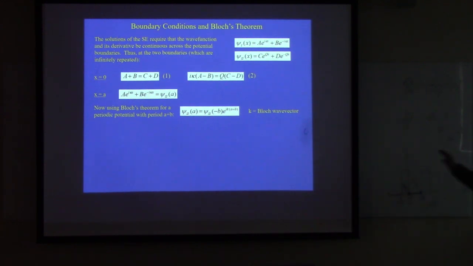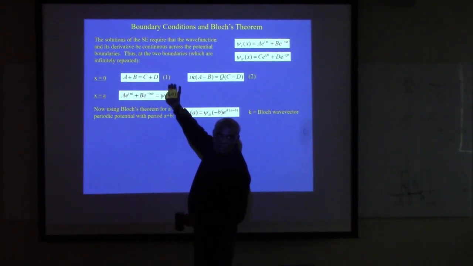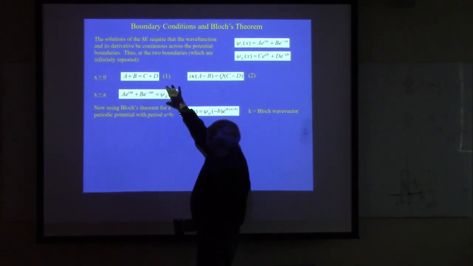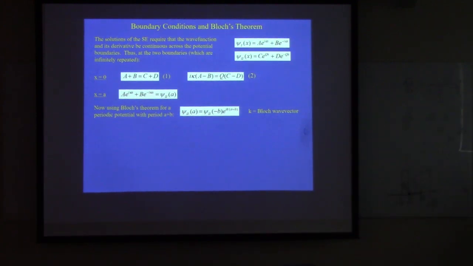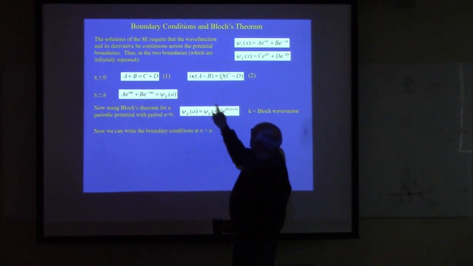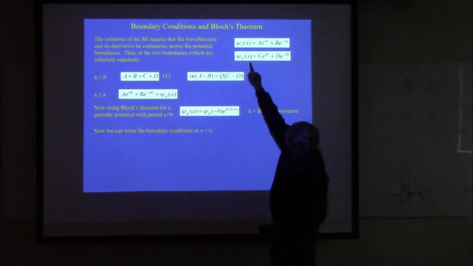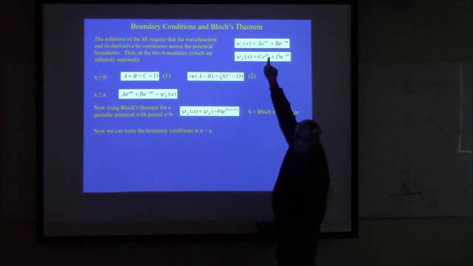So until here we didn't use any Bloch theorem, right? We just simply solved the Schrodinger equation for two regions. But now we have to use the Bloch theorem. So now if I use x equals a, you just put x equals a here, this same thing. Now I can write this as psi 2 at minus b, you put minus b, right?